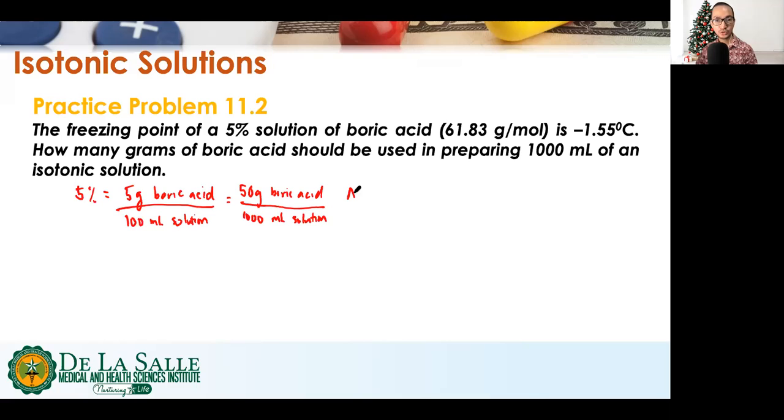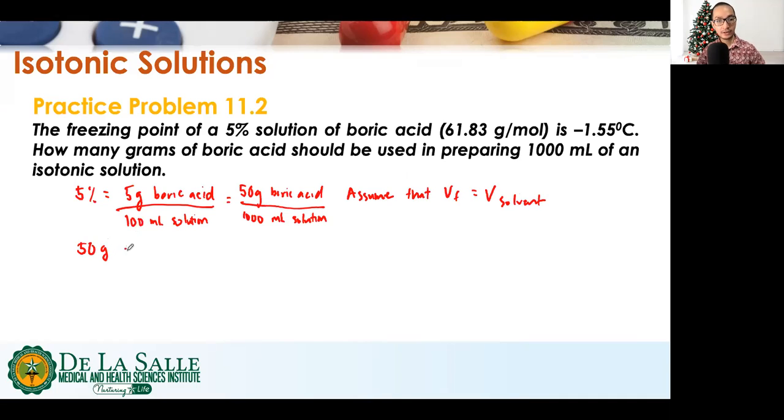Now we will assume here that the final volume of the solution is the same as the volume of the solvent, in the meantime, and that your boric acid will not affect the volume of the solution. So we can assume that we have 50 grams of boric acid in a kilogram of the solvent.